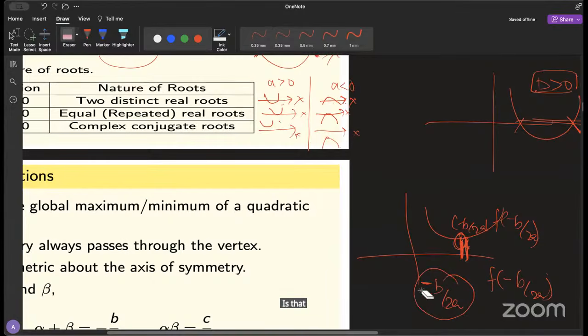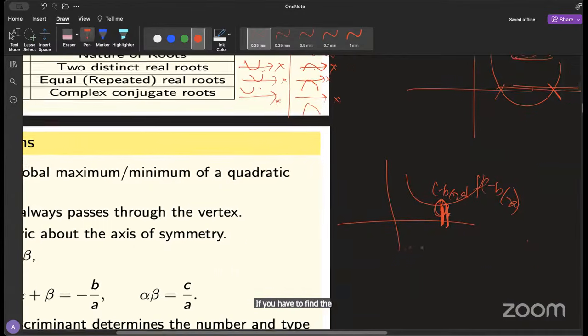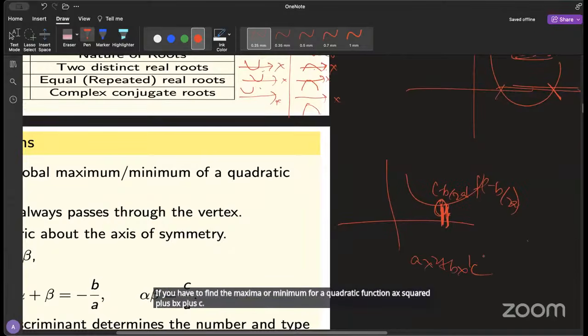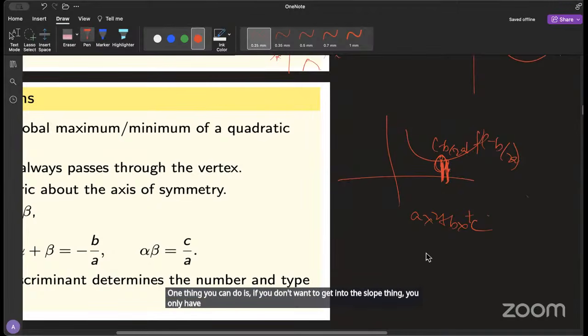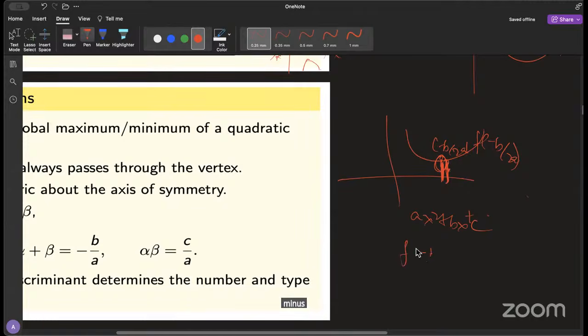Is that okay? So if you have to find the maxima or minima for a quadratic function ax squared plus bx plus c, all you have to do is find the slope. So this is 2ax plus b. One thing you can do, if you don't want to get into the slope thing, is you only have to find f of minus b by 2a. So this is your function, right?